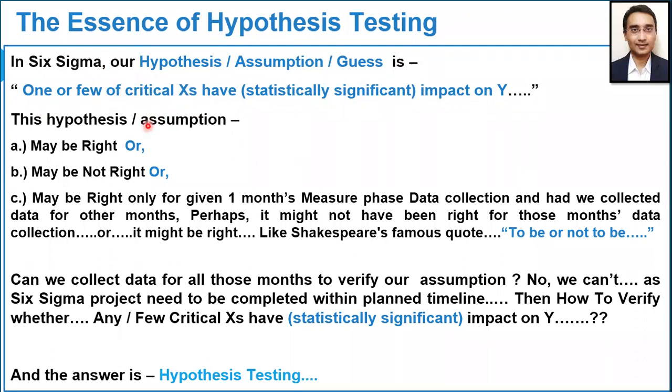Now, this hypothesis or assumption may be right, that X or a few of the X's do have an impact on Y. Maybe it's right, maybe not.